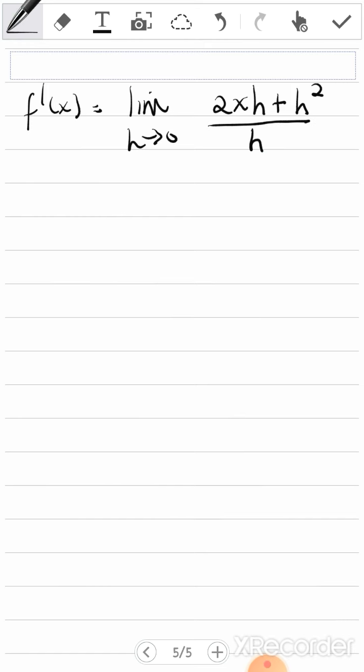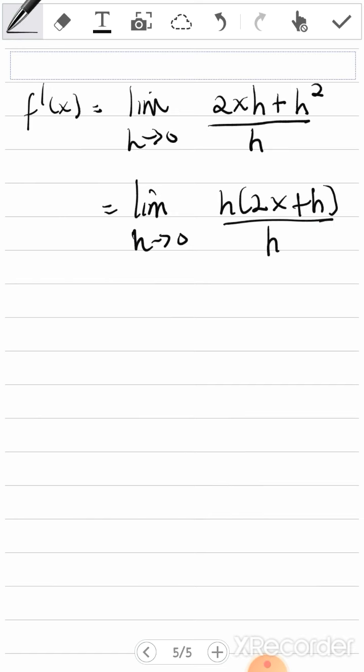So from here, we are going to divide through by h. We can simplify this again. Can you see that?